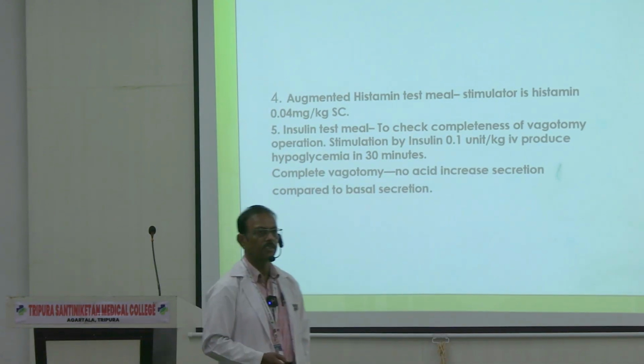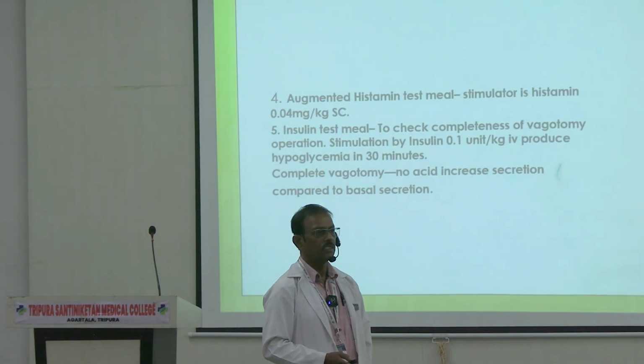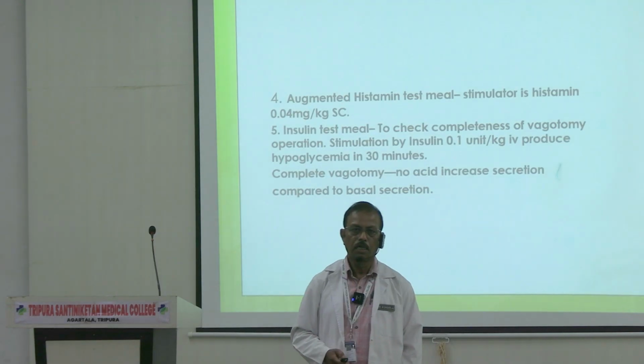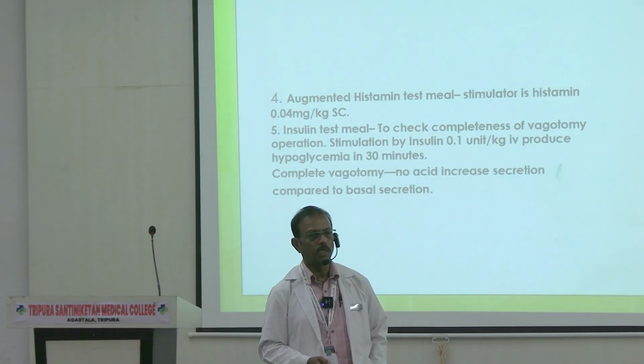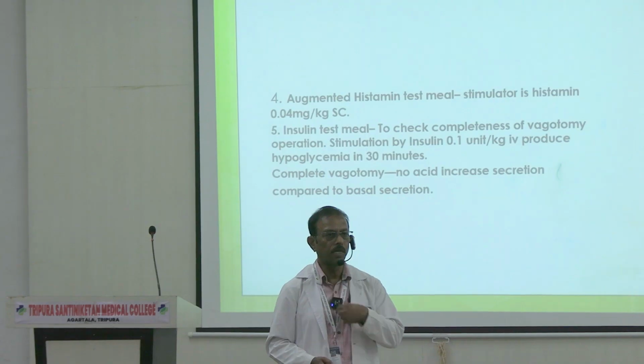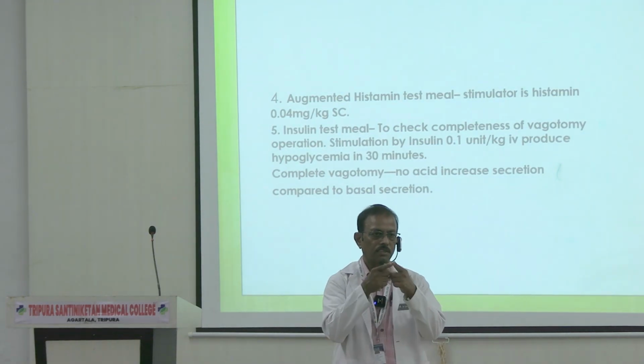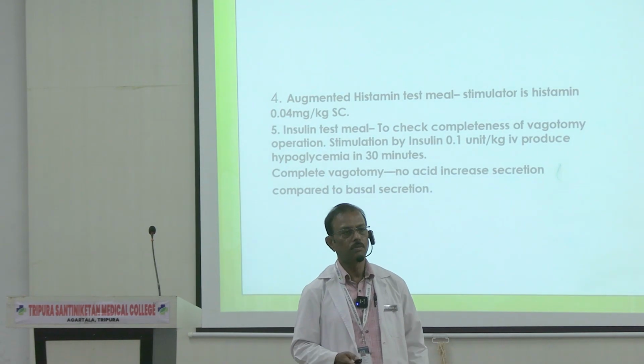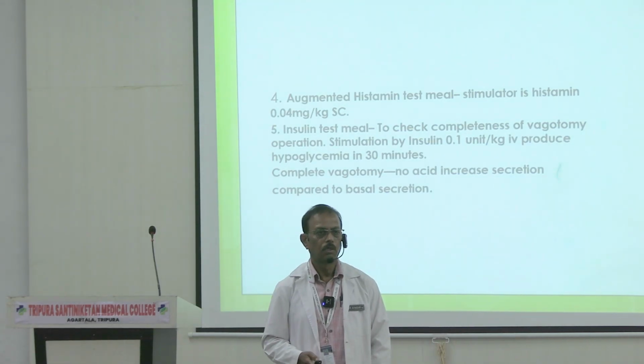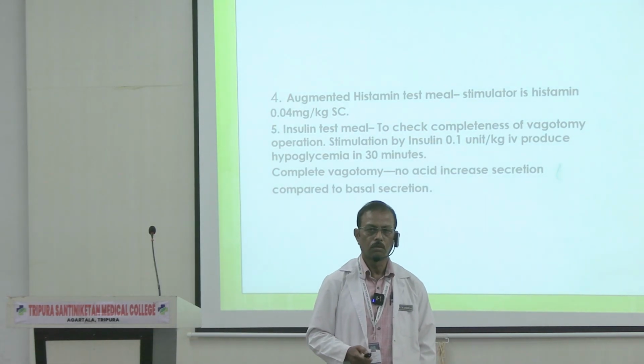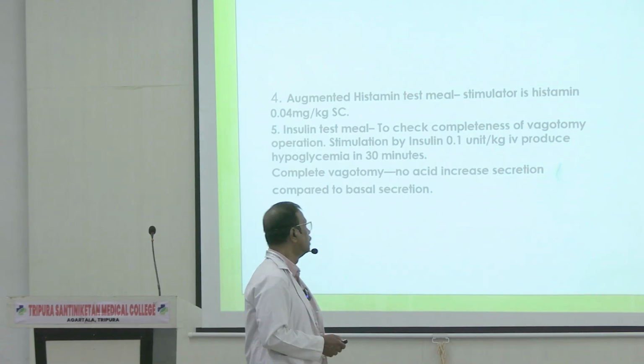Vagotomy operation means previously when there was hyperacidity and peptic ulcer, they used to do a type of operation. The vagus nerve which is supplying the stomach is cut, so acid secretion becomes very less or stops.